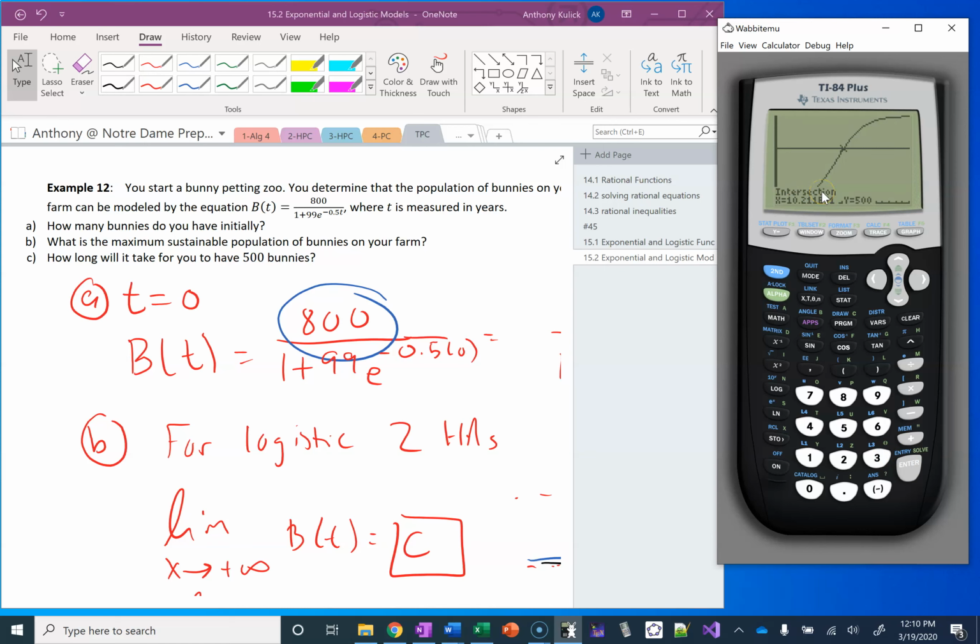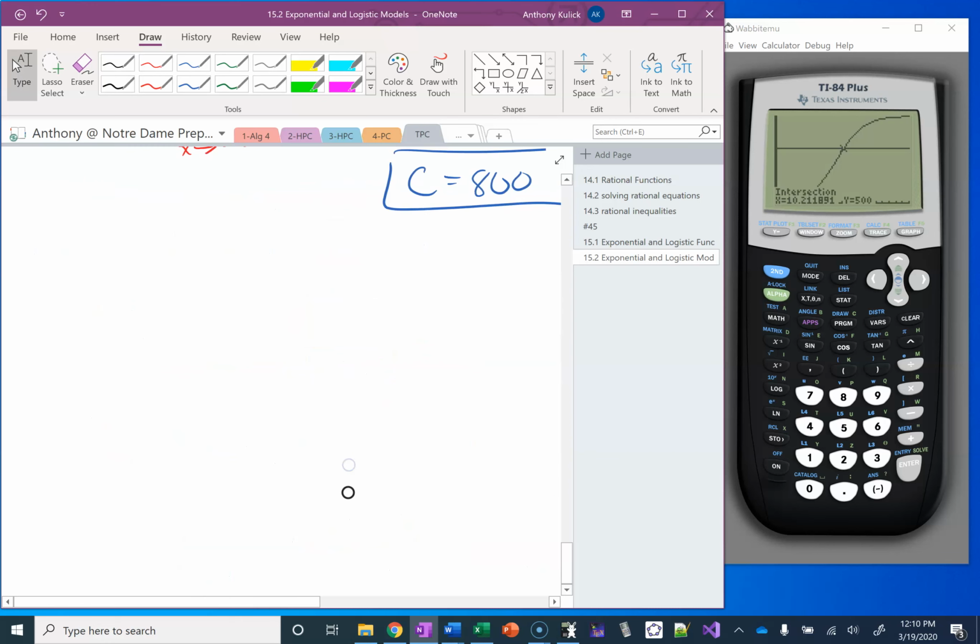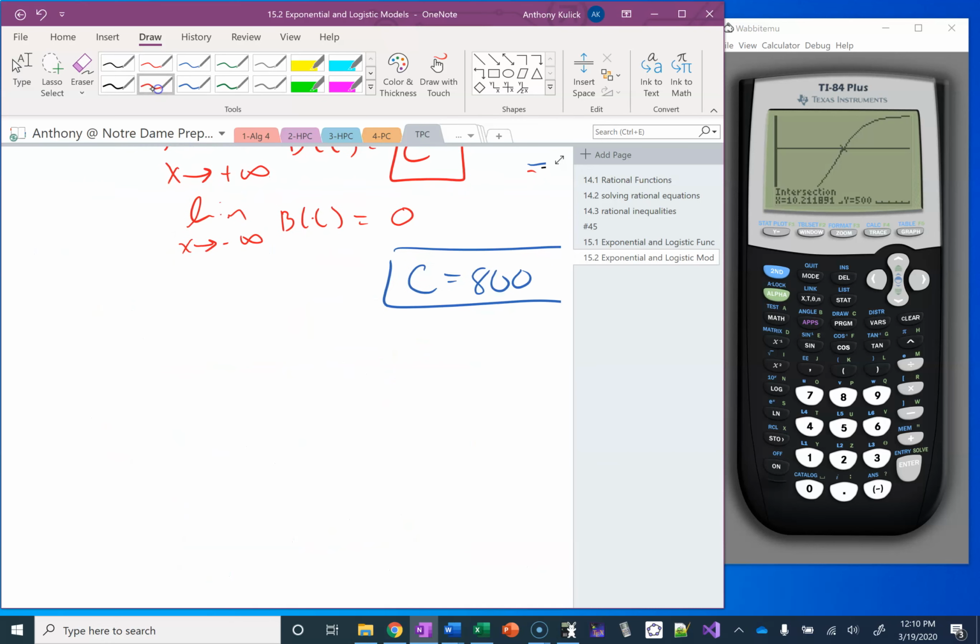And I get about 10.21 years. So to go from 8 bunnies to 500 bunnies, a little more than 10 years. Wowzer! I hope you like bunnies.